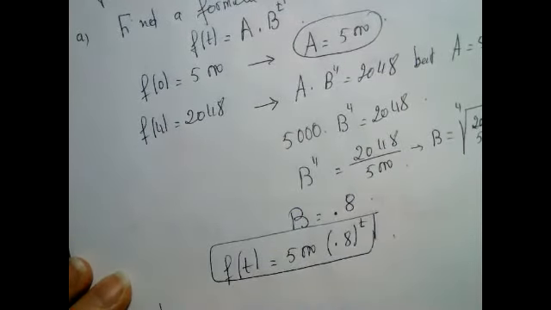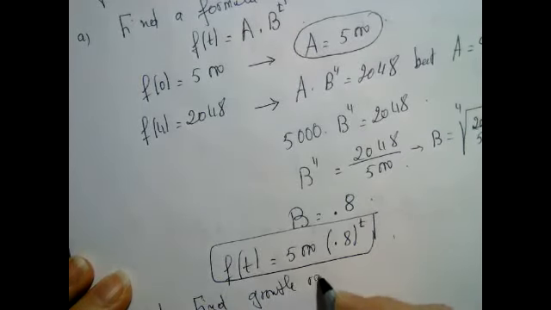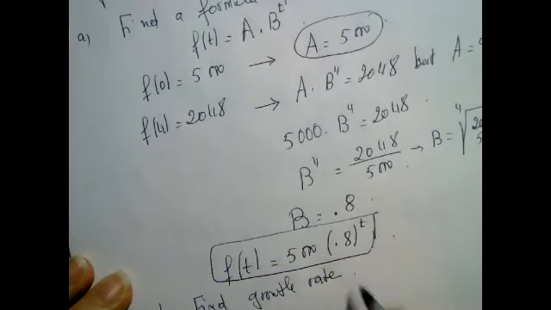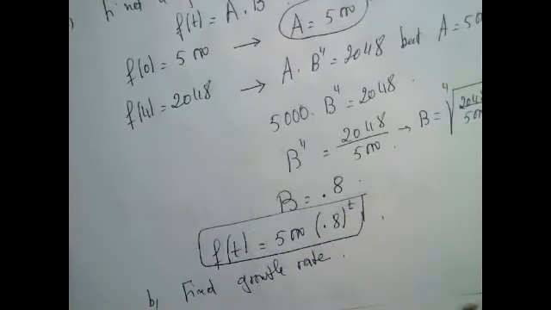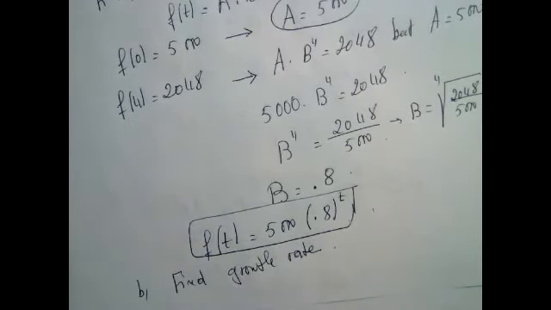Now question number B is find the growth rate. Okay, what's the growth rate in this problem? Now that I found a formula, what's the growth rate? This population is decreasing by what percentage every year?